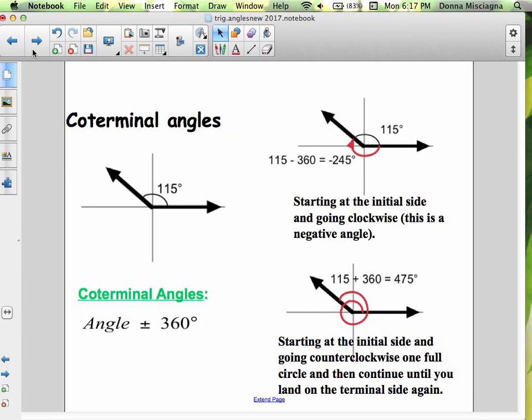So starting at the initial side, going counterclockwise one full circle, and then continuing until you land on the terminal side again, they are exactly 360 degrees apart from one another. So 475 degrees and 115 are two coterminal angles. Finding coterminal angles is really easy. You just add and subtract 360. That's all you've got to do.